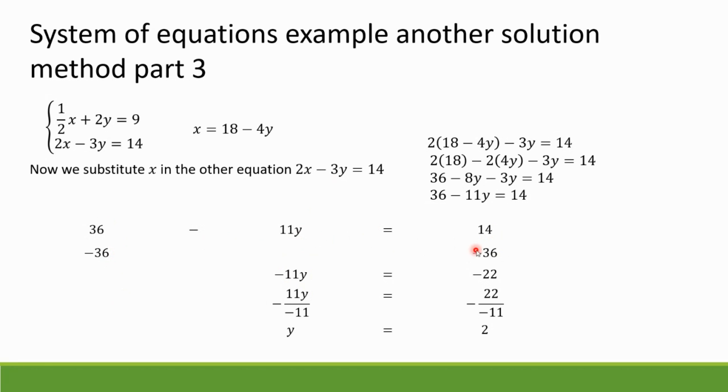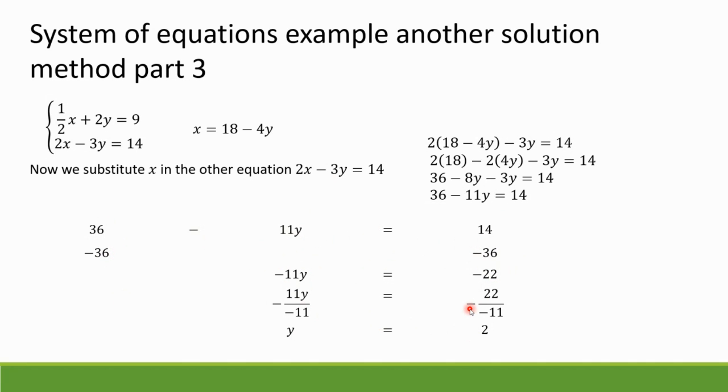We get minus 11y is minus 22. But we don't want minus 11y, we want y. So we divide by minus 11. The minus 11's cancel, we get y is 2.